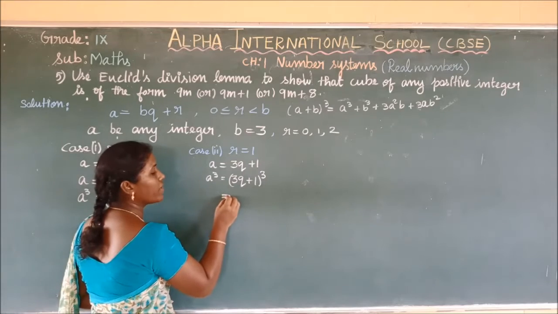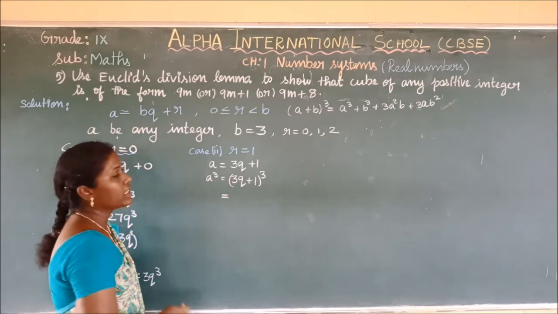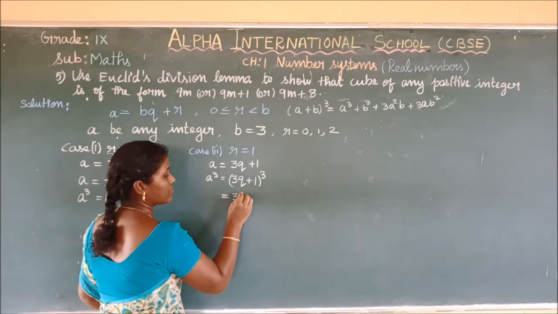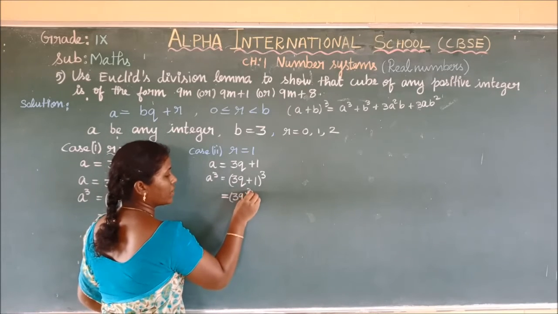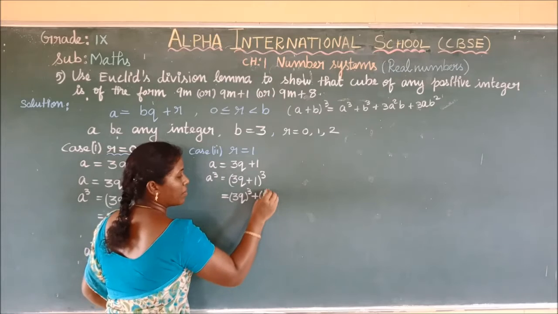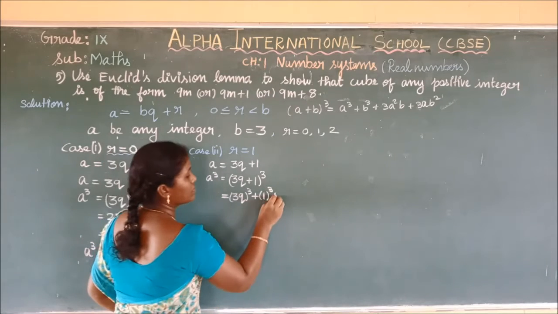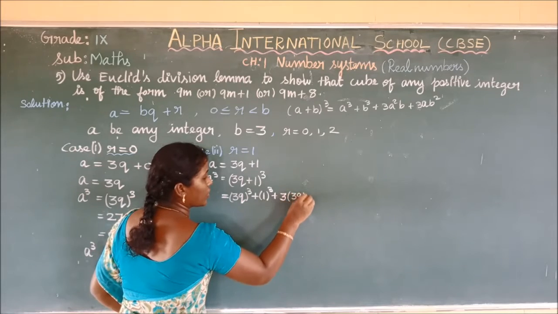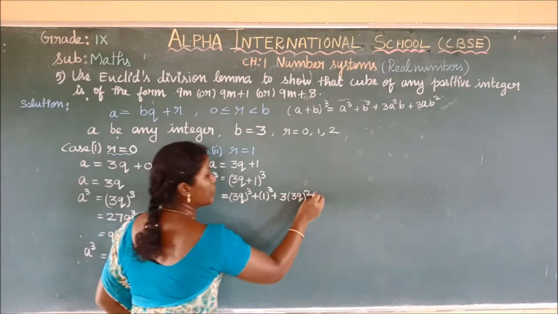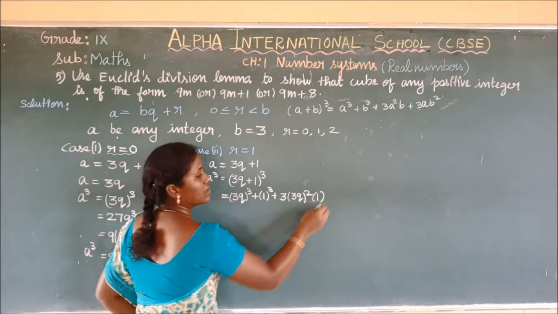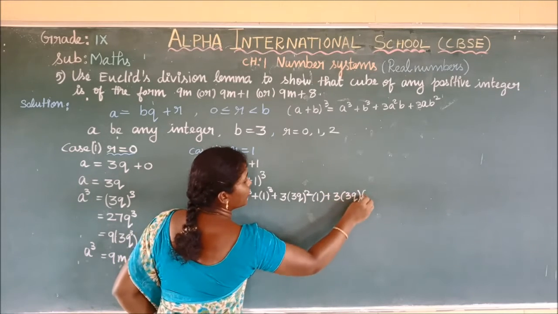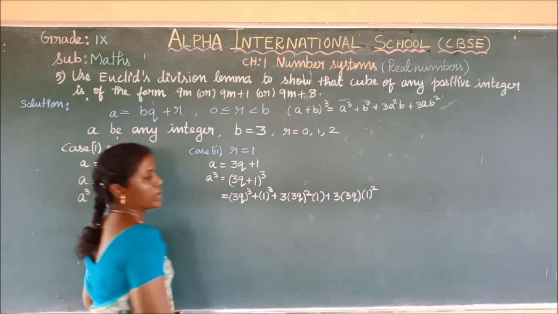In the place of a we have 3q and in the place of b we have 1. So how to expand it? a cube plus b cube plus 3a square b plus 3a b square. a square means (3q) square into b, and 3a into b square, that is 1 square.